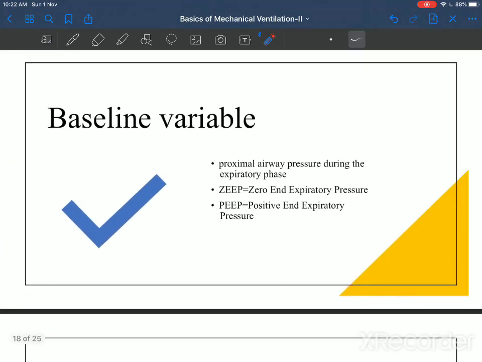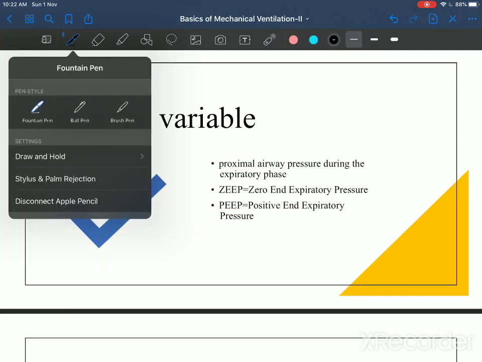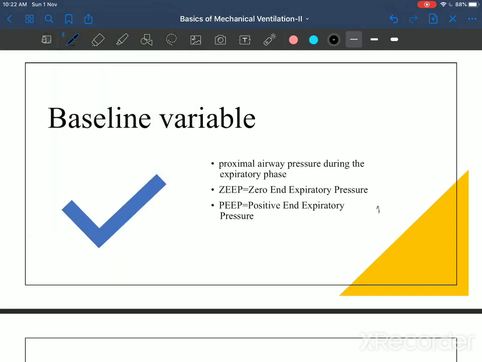The last variable, during the expiration, is the baseline variable. Baseline variable is PEEP. What is the importance of PEEP? Your positive end expiratory pressure is the one which increases and maintains your FRC, functional residual capacity. This is important so that the alveoli do not collapse. It improves oxygenation during your expiration phase especially.